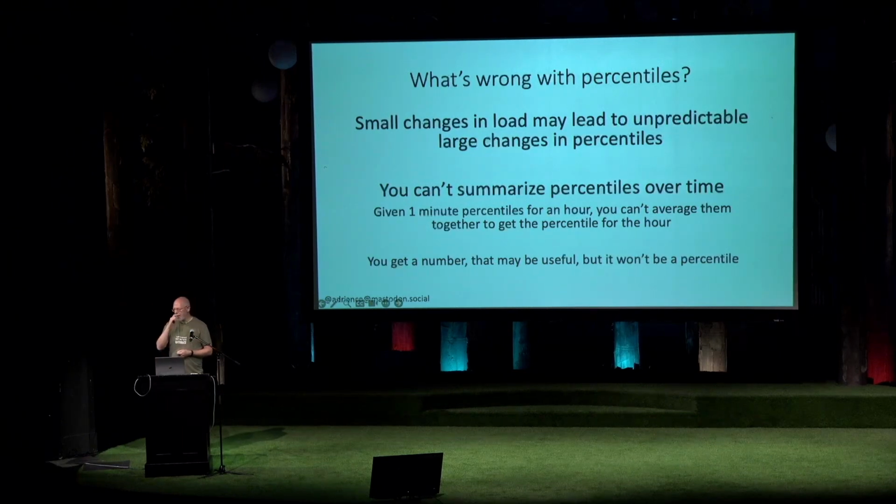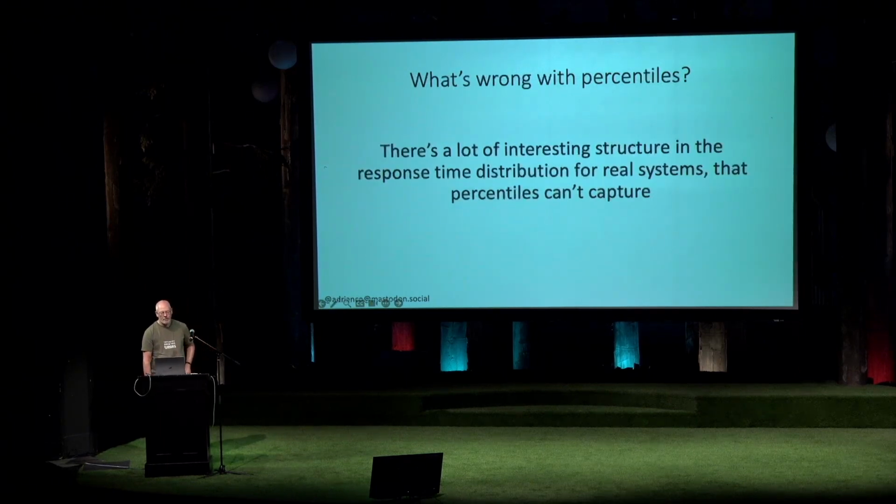And you might get a 95th percentile calculated every minute, but you're summarizing by the hour and you average them together, and it really isn't a percentile anymore. It's an average of what used to be a percentile, but statistically it's a meaningless number. It might be useful, but it's not a percentile, so you have to watch out for that.